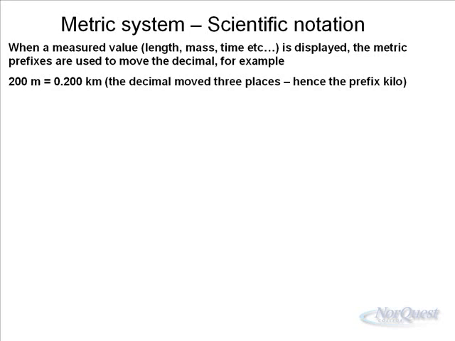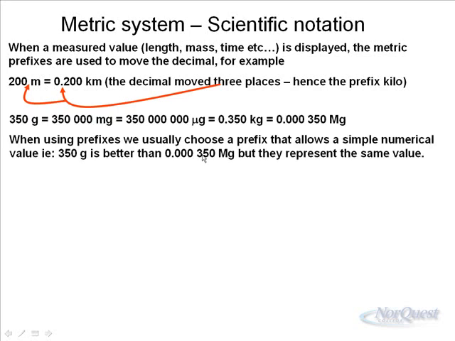And of course we move the decimal 3 places to the left from its initial starting point, and at the same time we change the unit from meters to kilometers. And a kilo means 10 to the 3, so that means we can move the decimal 3 places. All right? And that's exactly what we're seeing there.